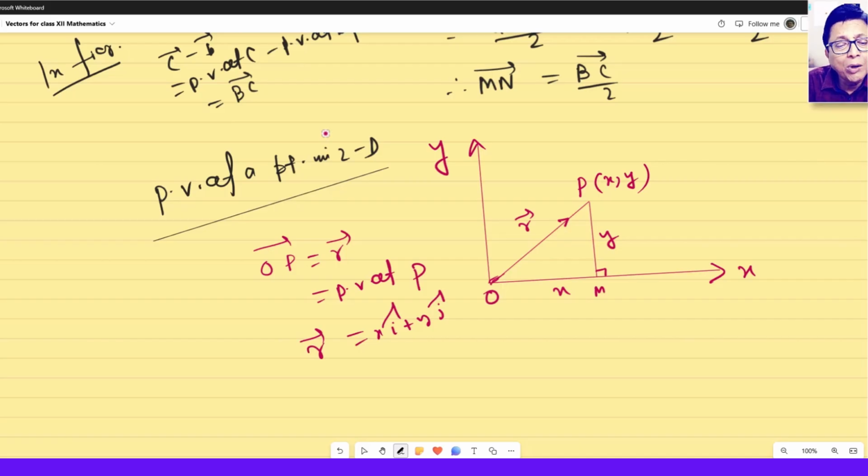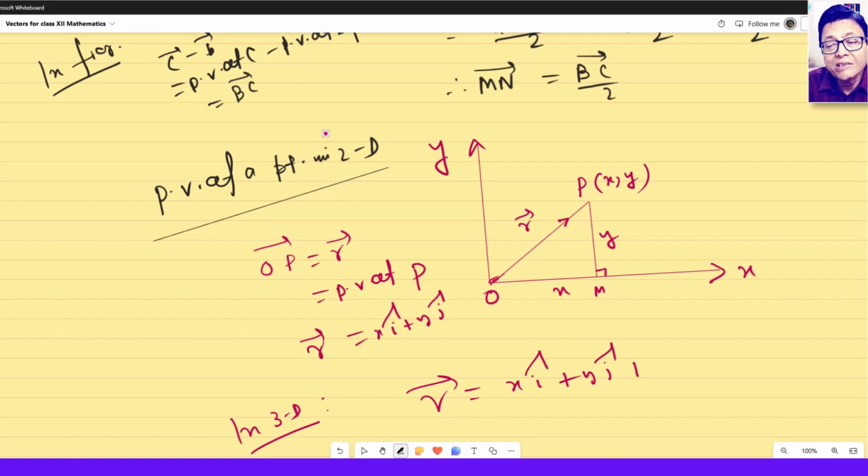In 3D, what have we done? In detail it is done. R vector is going to be x i, y j, z k. And these i and j are unit vectors, and if 3D is there, k is the unit vector along z axis. Mod r, we have seen, is root over x square plus y square.